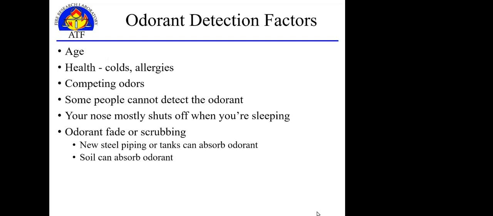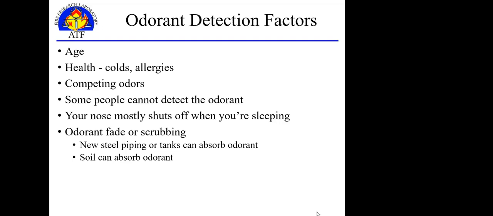And there are factors that actually affect a person's ability to detect or smell odorant. The older you get, the worse your nose gets. If you've got a cold or allergies, those are complicating factors. If you've got other strong odors in the area, that can make it hard to smell it.